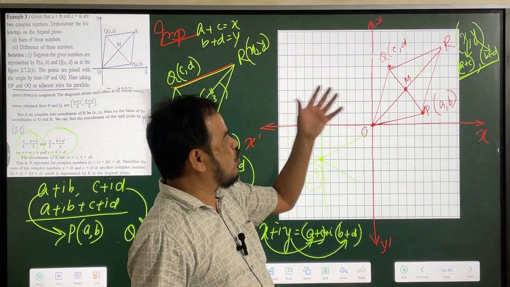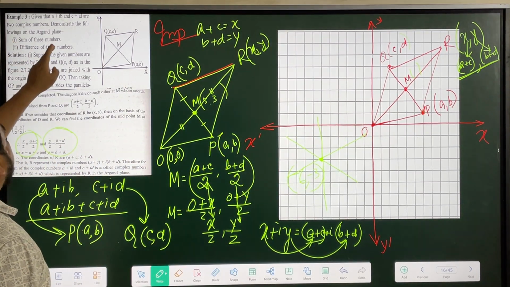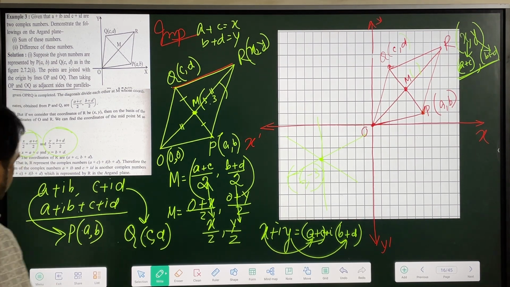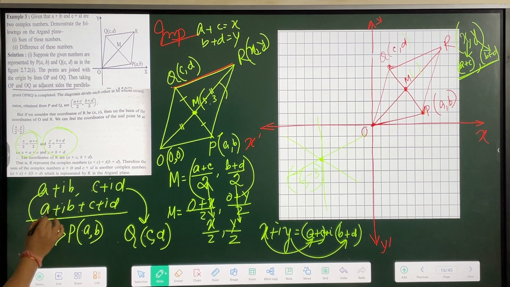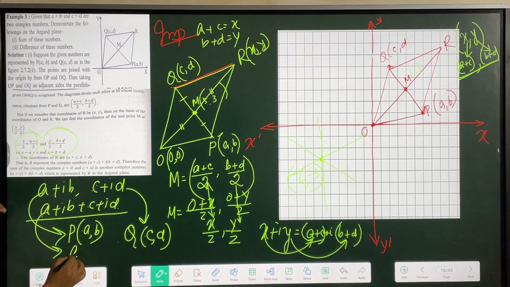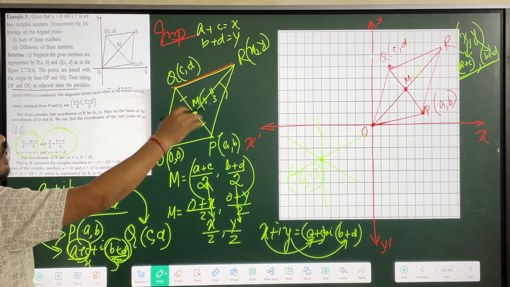So what have we shown here? The sum of these numbers is A plus C and B plus D, that is A plus iB plus C plus iD. If we write it this way, A plus C plus i times B plus D. If we add these two complex numbers, we get A plus C plus i times B plus D. So this is x, this is y, and we have got them in the Argand plane.